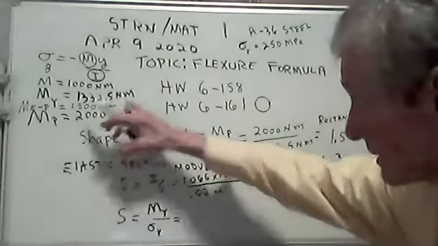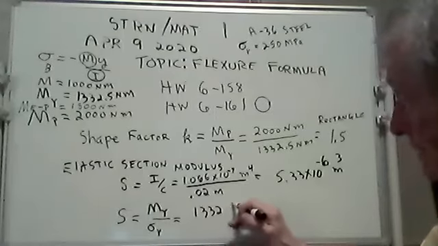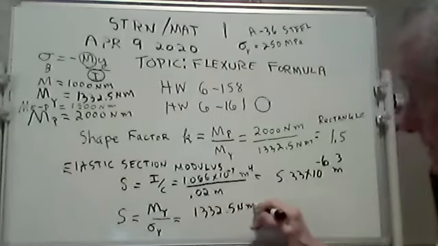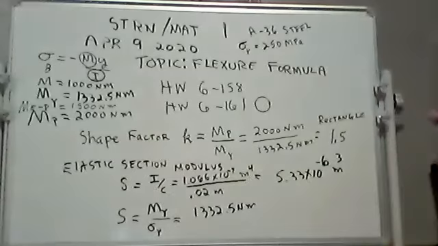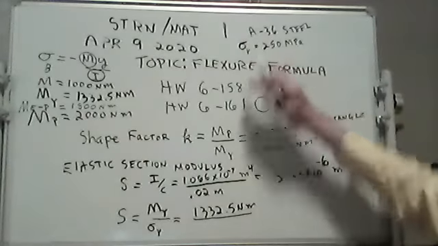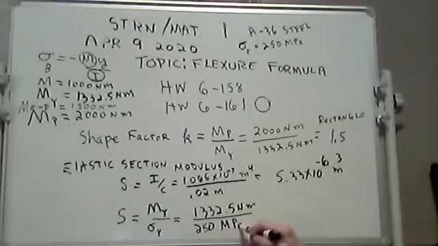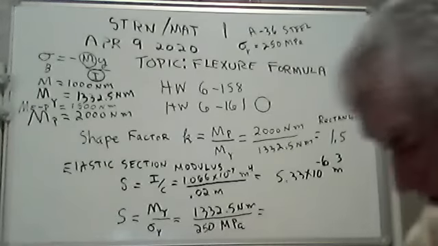And we know what it is. We figured it out. See, I wrote it down over here. And then this here, well, if it's A36 steel, that's 250 megapascals. Now, I want you to divide those and tell me what you get.